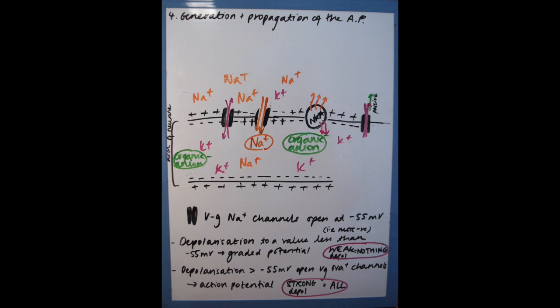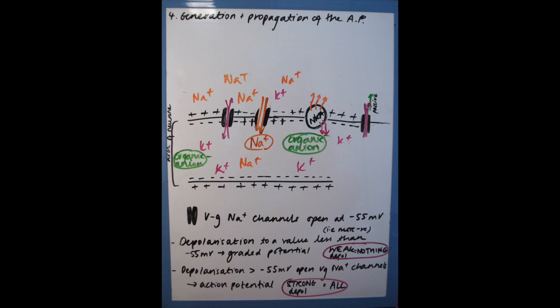On the other hand, when this threshold is passed and the depolarization is large enough to open voltage-gated sodium channels, a positive feedback mechanism kicks in. This serves 2 purposes. Firstly, it means that the action potential is of the same amplitude each time because eventually all the voltage-gated sodium channels are opened by sodium coming in, causing depolarization and causing more voltage-gated sodium channels to open.